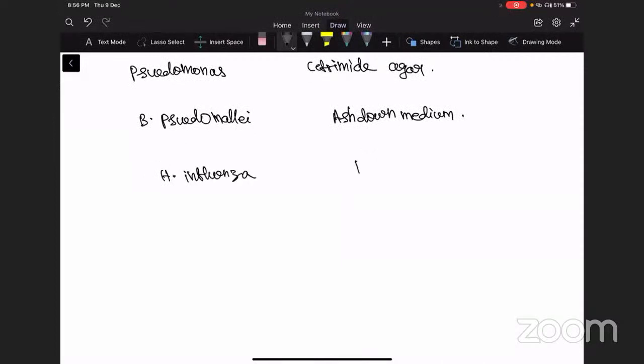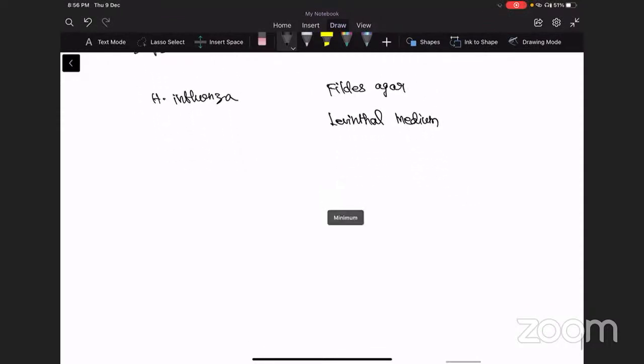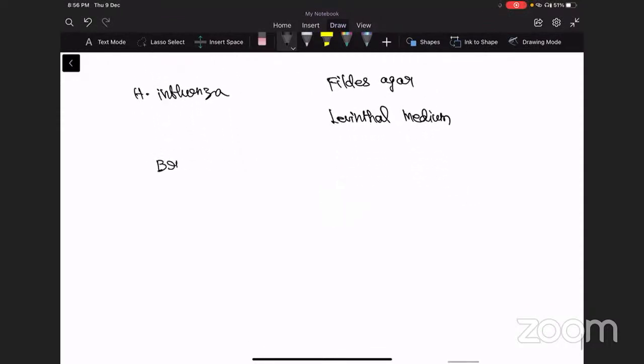H influenzae: Fildes agar and Levinthal medium. Brucella: Castaneda medium.